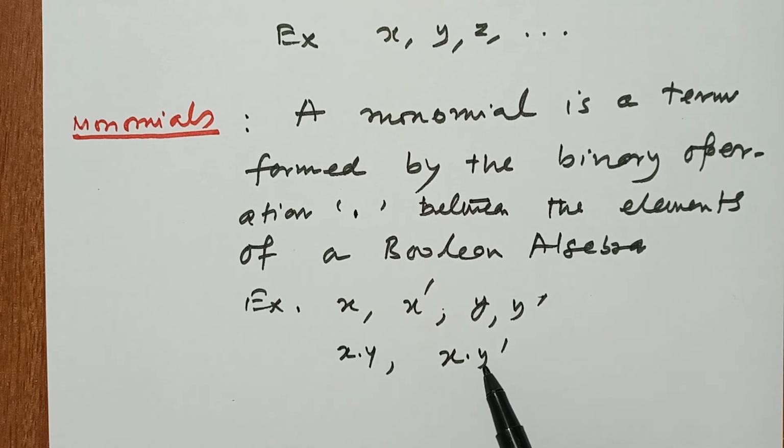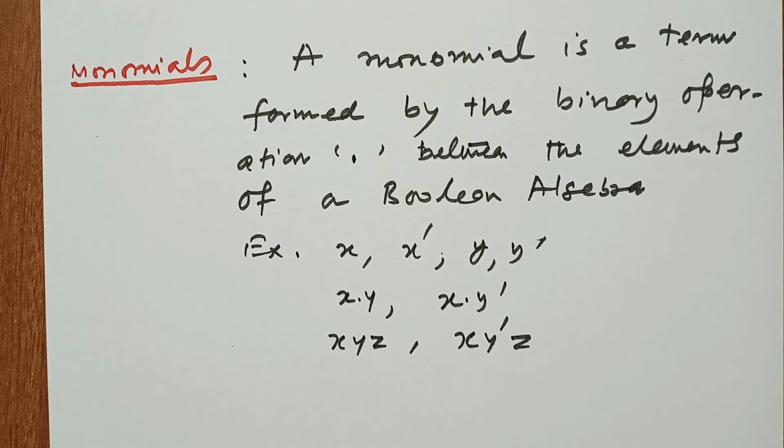So this is a monomial, this is a monomial. x dot y is a monomial, x dot y dash is a monomial. Also x y z is a monomial, x y dash z is a monomial.